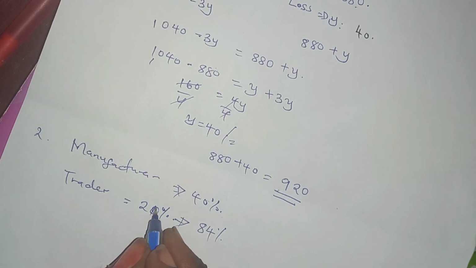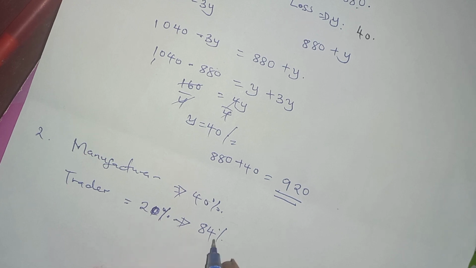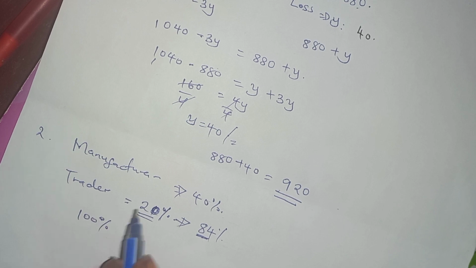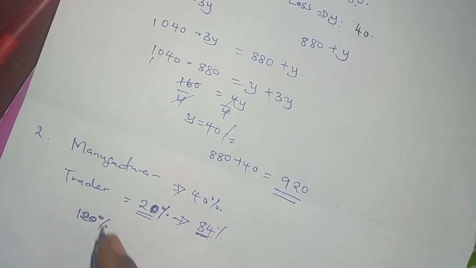So if after selling this bottle of fruit juice at 84 shillings, this trader makes a profit of 20%, that will mean that 84 will represent 120%.